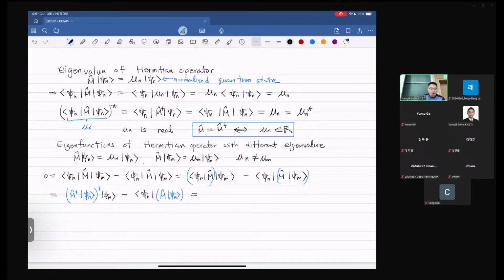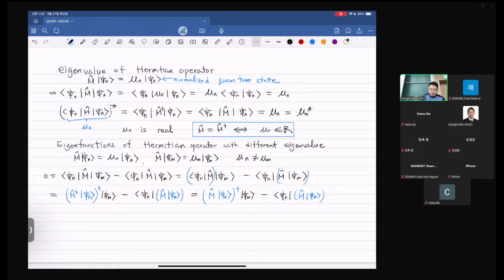For this step, I'm going to use the fact that this is Hermitian. So M dagger, I'll just write it as M, because it's Hermitian, I can do it. Minus, this one I'll just keep this way, M psi m.